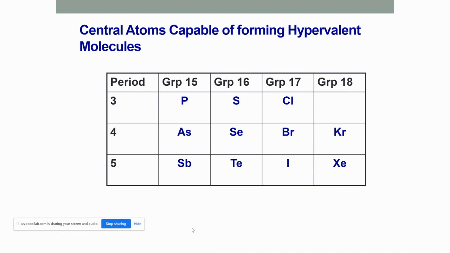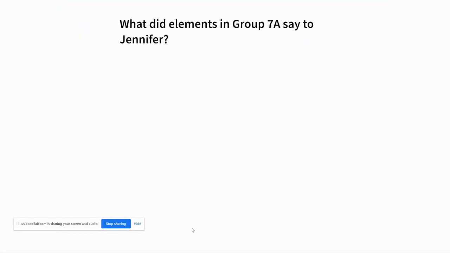And something you should have noticed, very weird: we said group 18 atoms do not like to form bonds with other atoms. But now you see that in period 4, group 18 with krypton and xenon, yes, they can form covalent molecules with other atoms. This is the list of atoms that are capable of forming hypervalent molecules. So let's look at some of these examples.